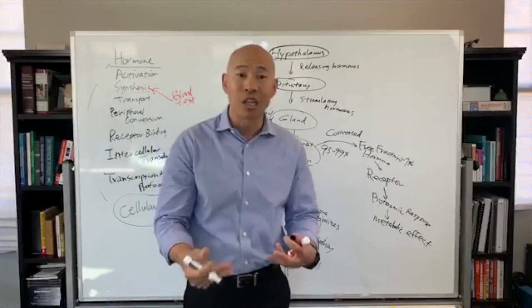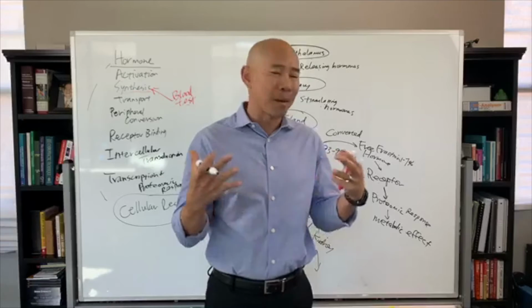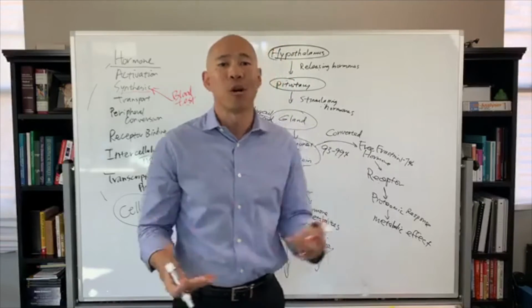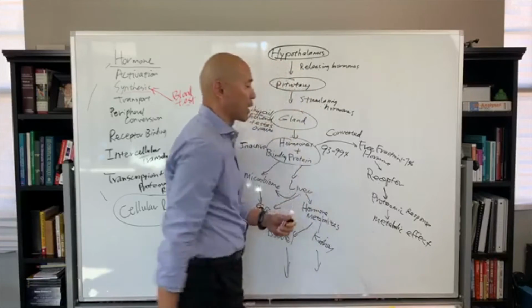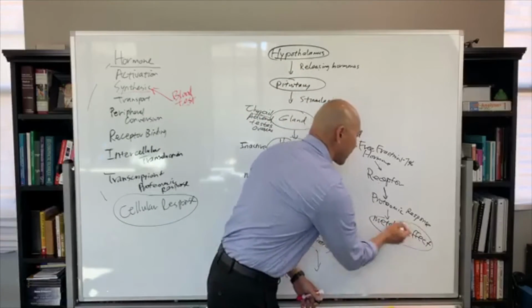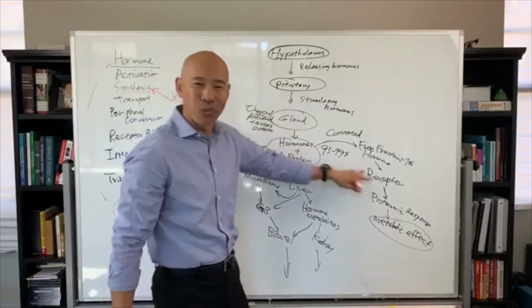Whether it be more energy, good metabolism, proper weight management, proper hormone function, good brain function, that's all the metabolic effect. That's what we want, right? That's the desirable. But it has to go through all this process, you see.